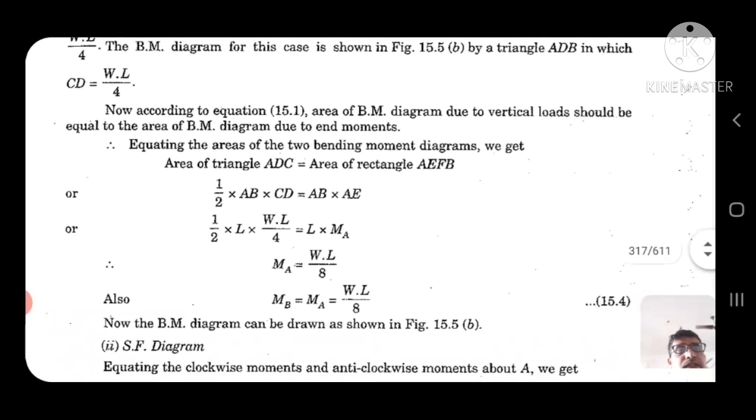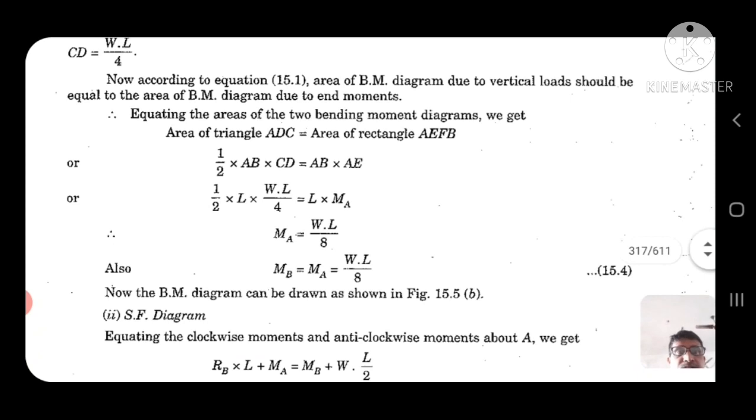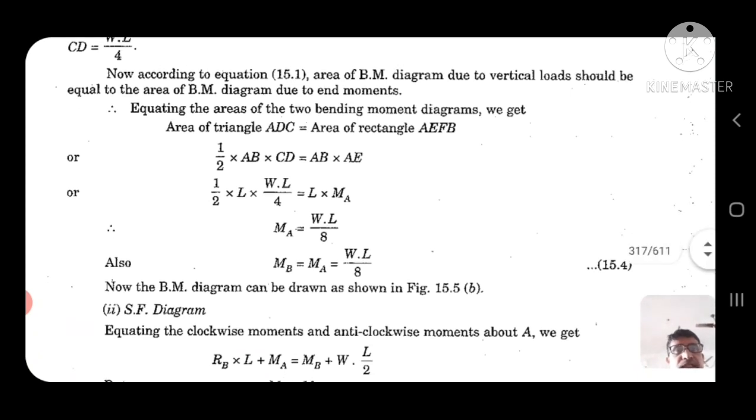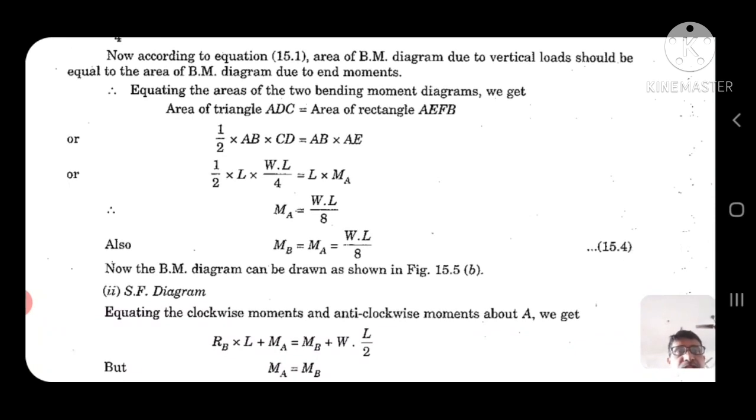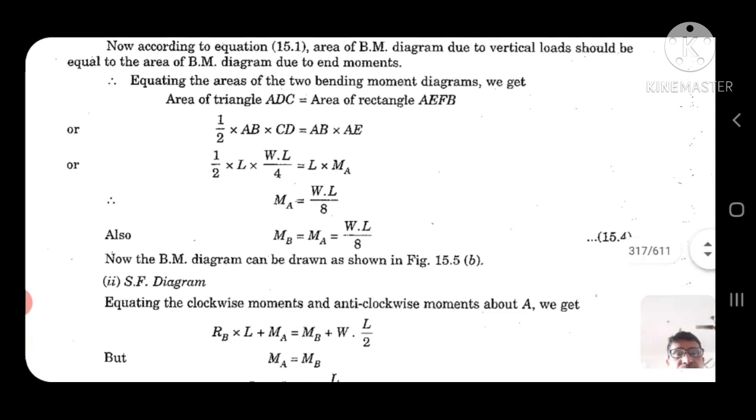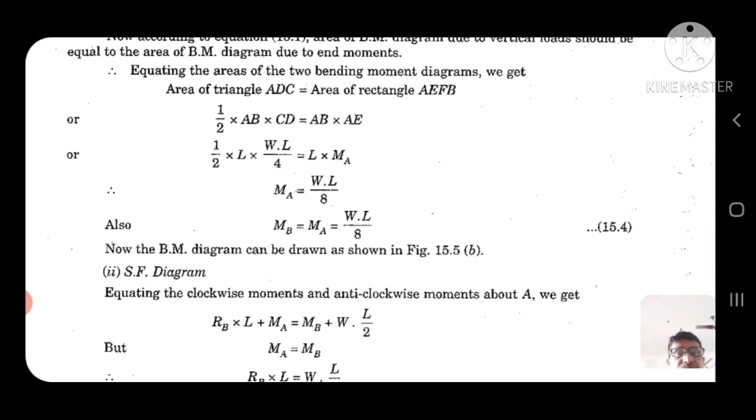Now according to the equation, area of the bending moment diagram due to vertical load should be equal to the area of the bending moment diagram due to the end moments. Equating the area of the two bending moment diagrams, we get area of the triangle ADB equal to area of the rectangle AEFB, half into AB into CD equals AB into AE.